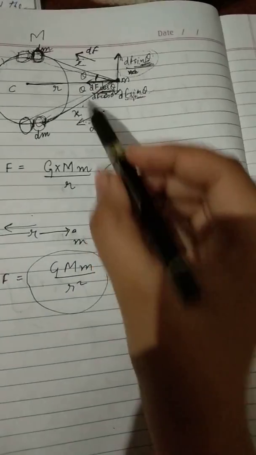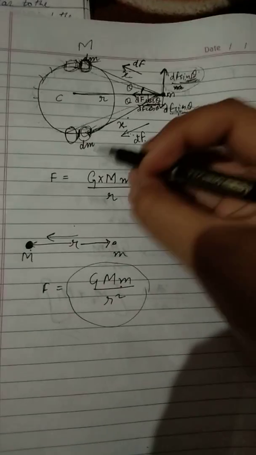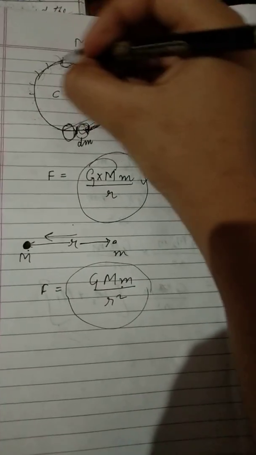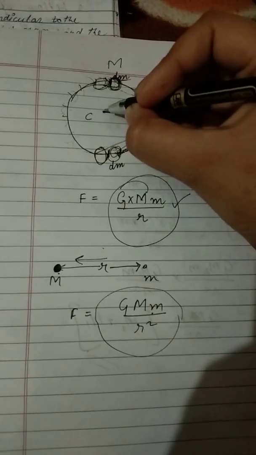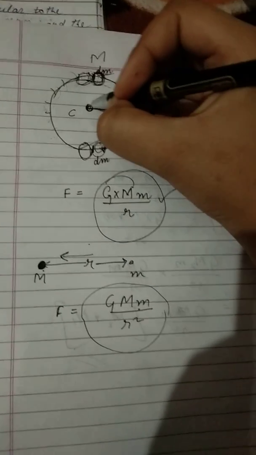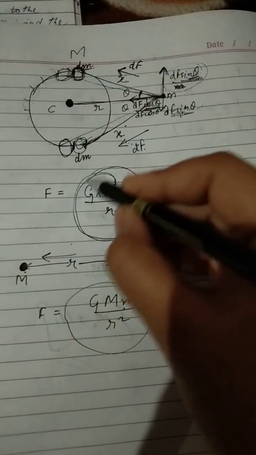Next, if we compare this with that formula, we'll get that this is going to be the case only if the whole mass of the spherical shell is supposed to be concentrated at the center. अगर सेंटर पे सारा का सारा मास supposed to be concentrated होगा, then only we can apply this formula.